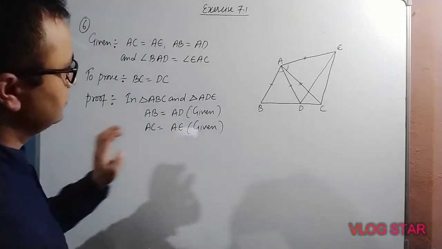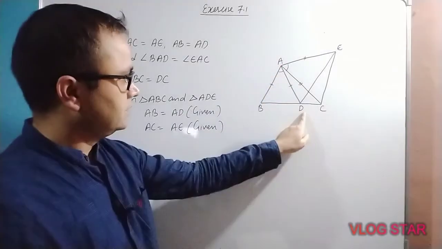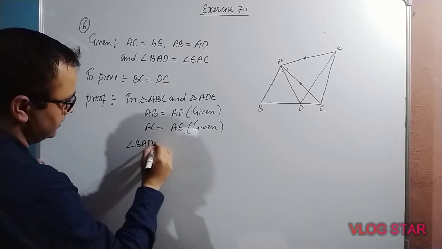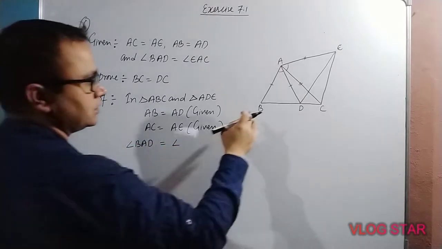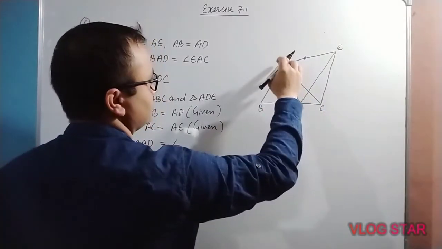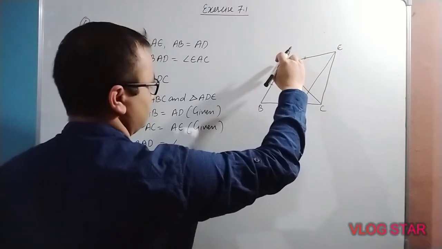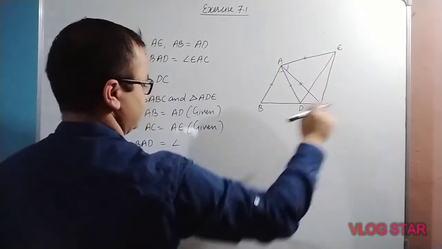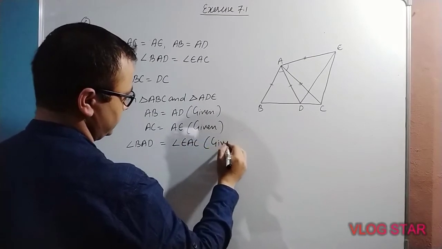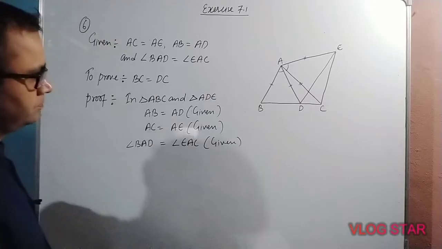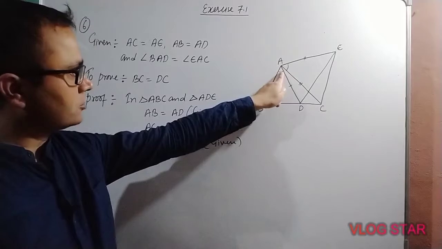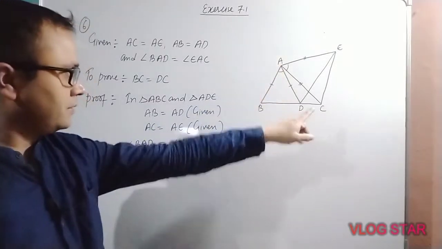And angle BAD equals angle EAC. It is also given, but BAD is not in triangle ABC.